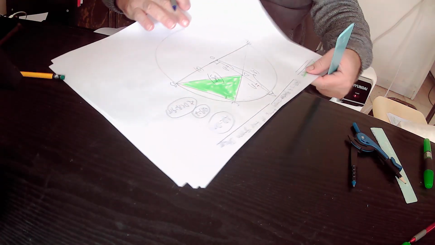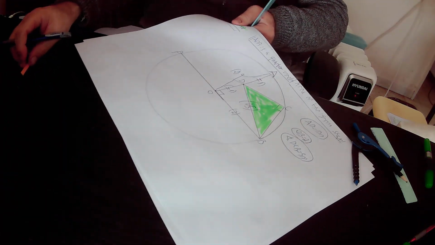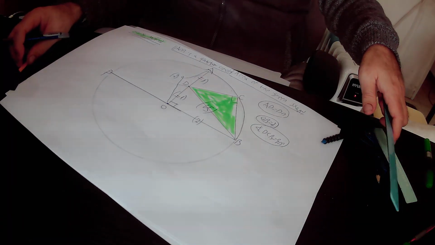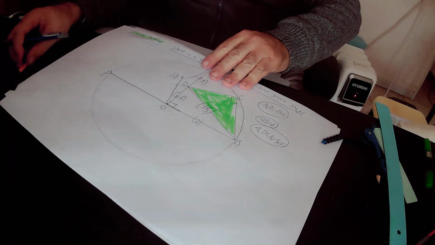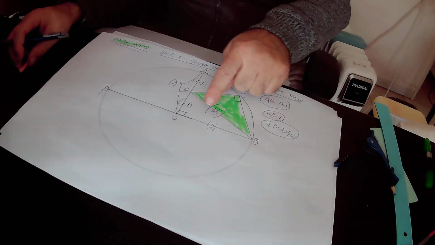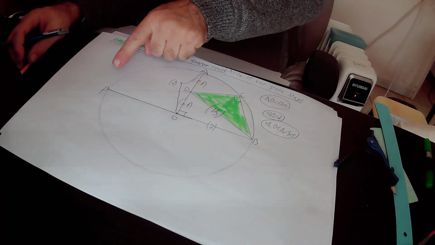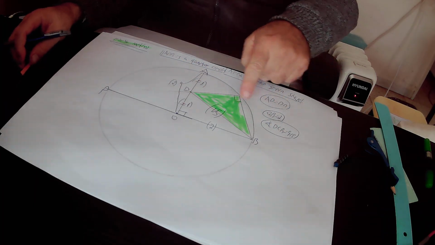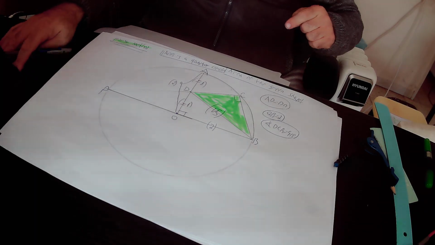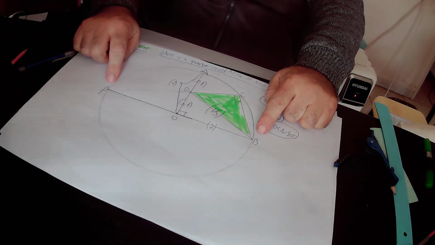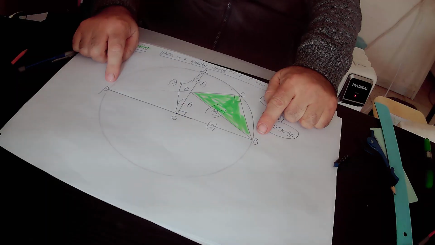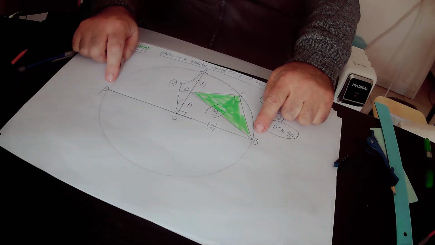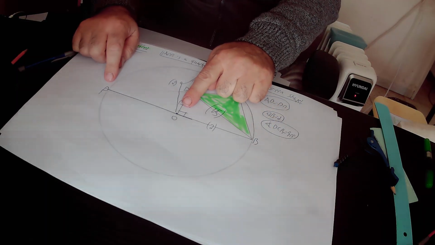BO is the radius of the quarter circle, so it is absolutely a straight line. When you extend a straight line by a straight line, the result BP is also a straight line. So BP is a straight line that touches the circle at those 2 points P and B, therefore BP is a chord. BP is a chord that passes through point O, that is the center of the circle.